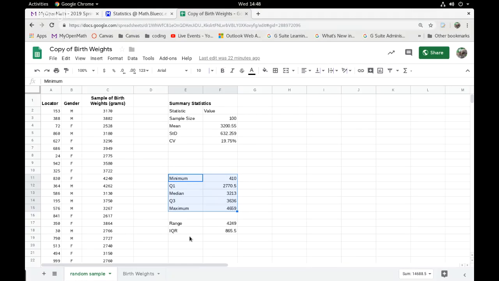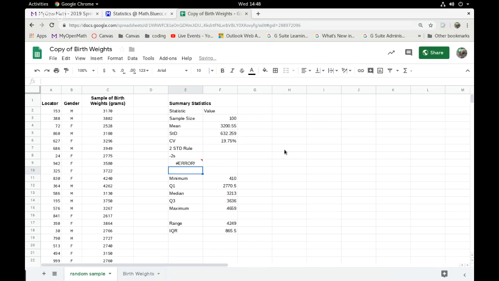We'll also want to look for outliers. So the 2 procedures we have for looking for outliers are, so far, the 2 standard deviation rule. And that's just look 2 standard deviations below and 2 standard deviations above. So we're going to have a minus 2s, and we're going to have a plus 2 standard deviations.